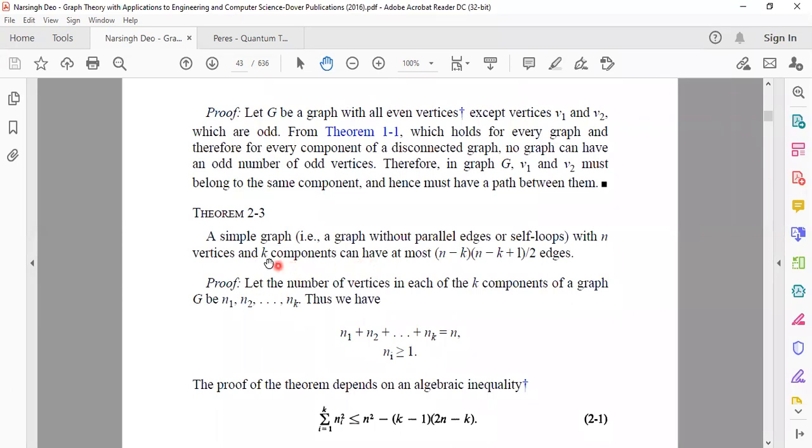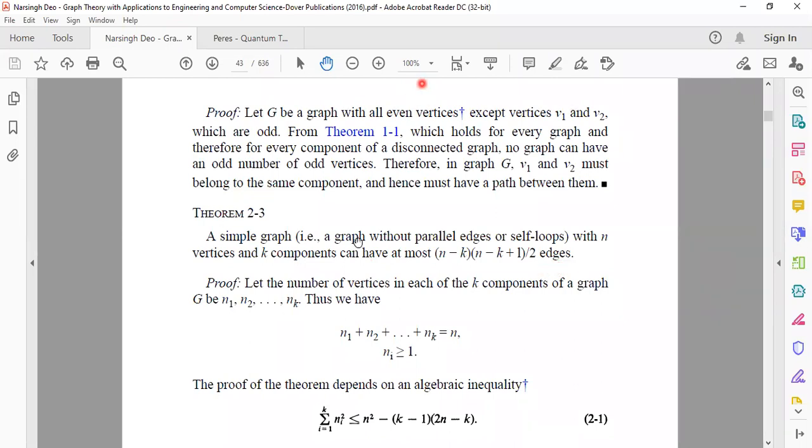The theorem says that if I consider a simple graph, and you know that a simple graph is a kind of graph which has no parallel edge and no self loop, and in this simple graph, if we have n vertices and k components, then this simple graph can have at most (n minus k) times (n minus k plus 1) by 2 edges.